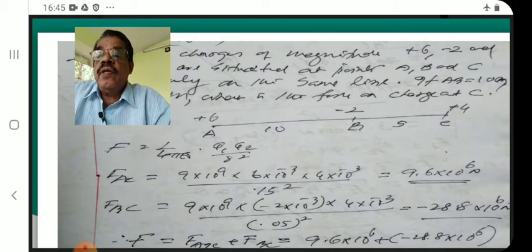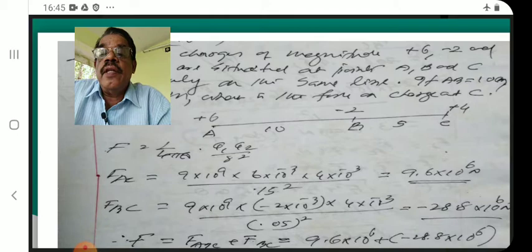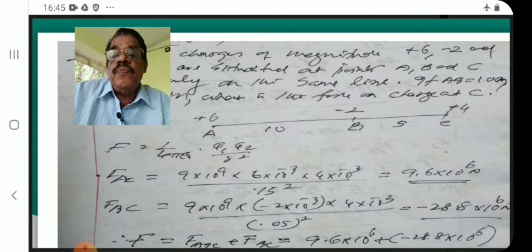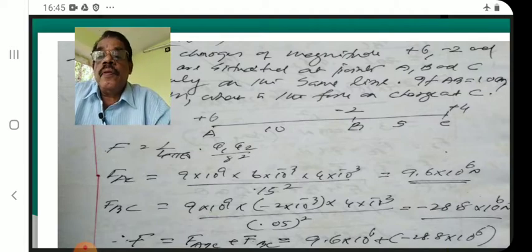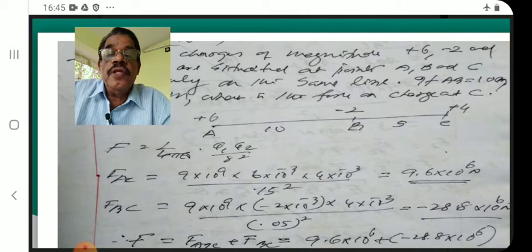Now we have to calculate the force between B and C, FBC. As seen above, FBC equals 9 into 10 raised to 9 into minus 2 into 10 raised to minus 3 into 4 into 10 raised to minus 3 by 0.05 square. 5 centimeter is converted into meter, 0.05. The charge is in millicoulomb, that is why a multiplication factor 10 raised to minus 3 is in the numerator.